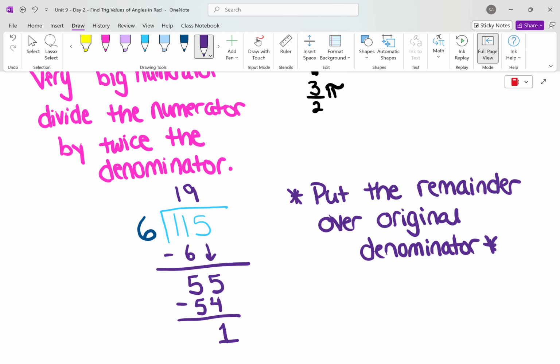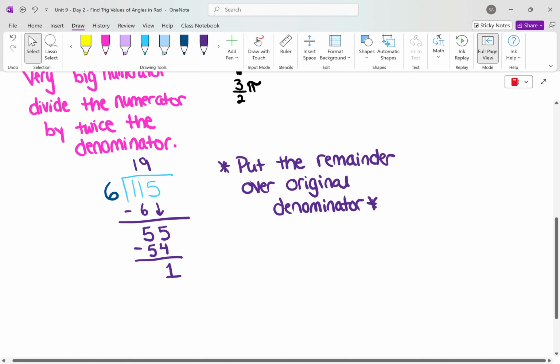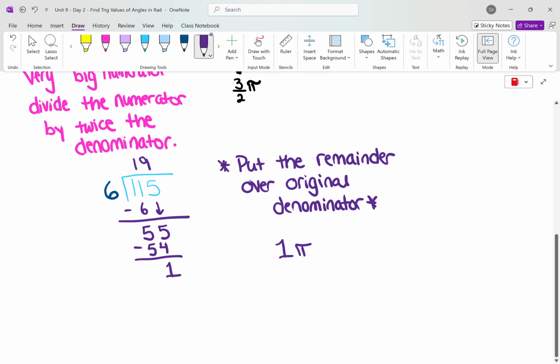So what this is saying is we're going to make 19 whole revolutions. So we're going to go around that circle, not a trillion times, like Ethan said, but 19 times, which is still left. So we're going to go around that whole circle 19 times. But then there's going to be 1 pi over 3 left over.